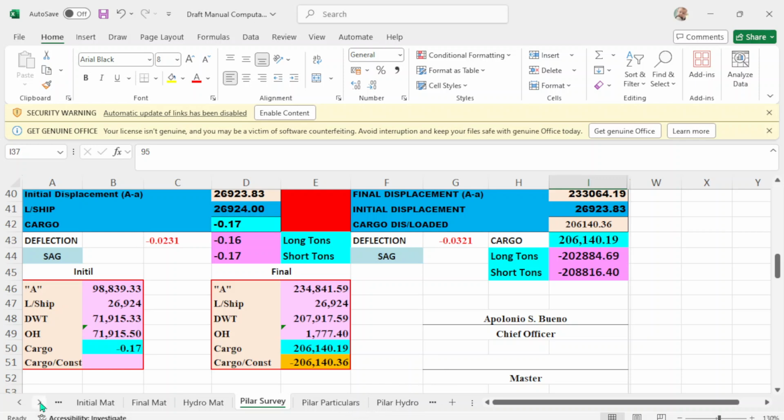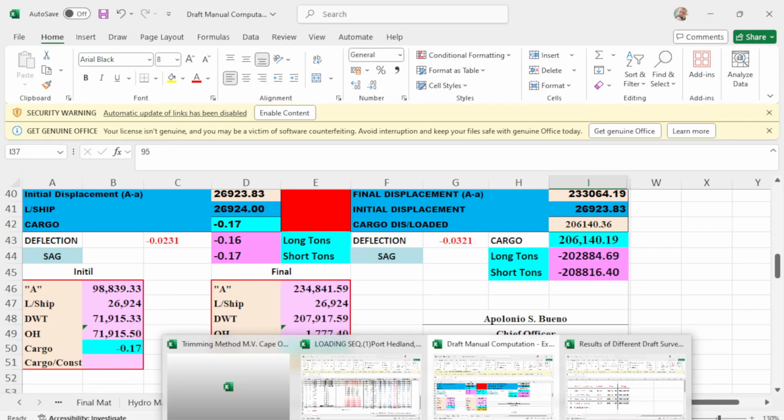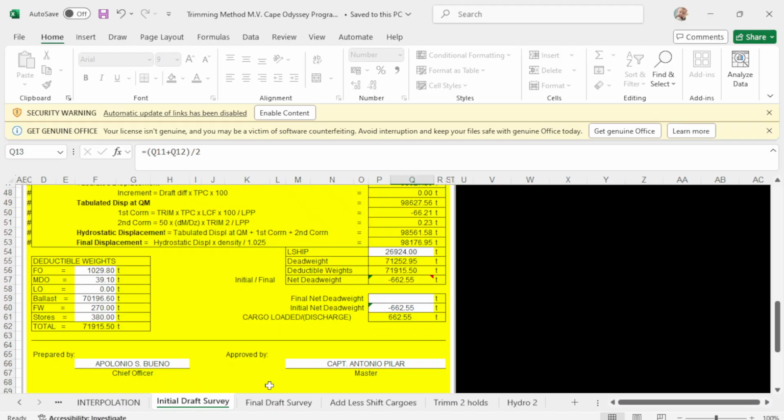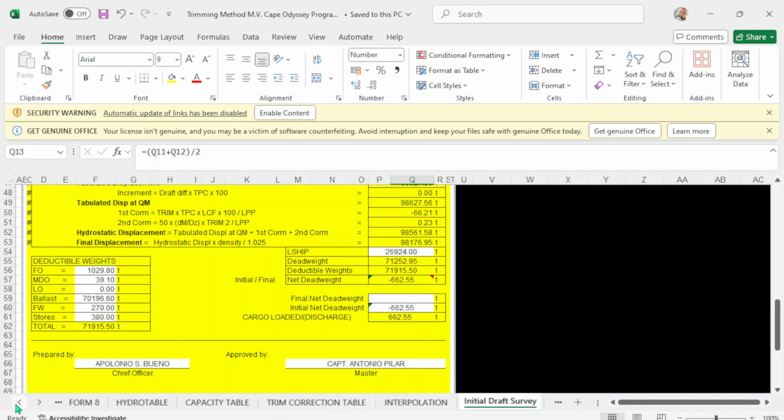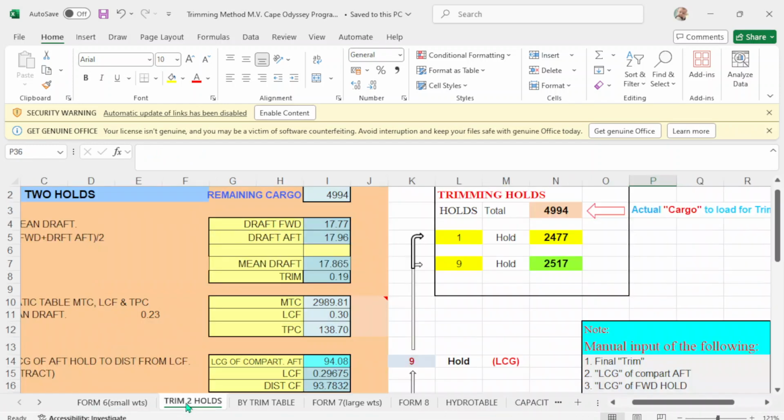then the last one we go to the trimming method. Then we go to the trimming, which I use for loading. Trim two holes.